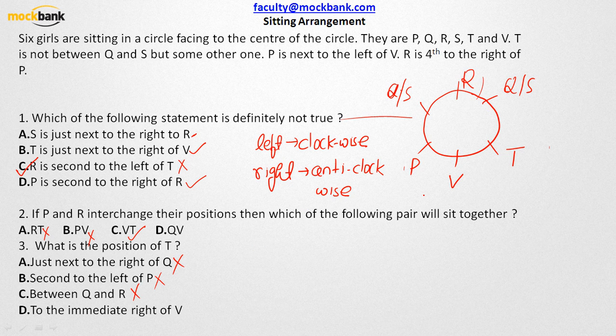To the immediate right of V, yes, that is for sure. This is V, this is T, and if you have to find out the position of T, you need to go in the anti-clockwise direction of V. One position in anti-clockwise, that means it is in the right position, hence this answer is true.